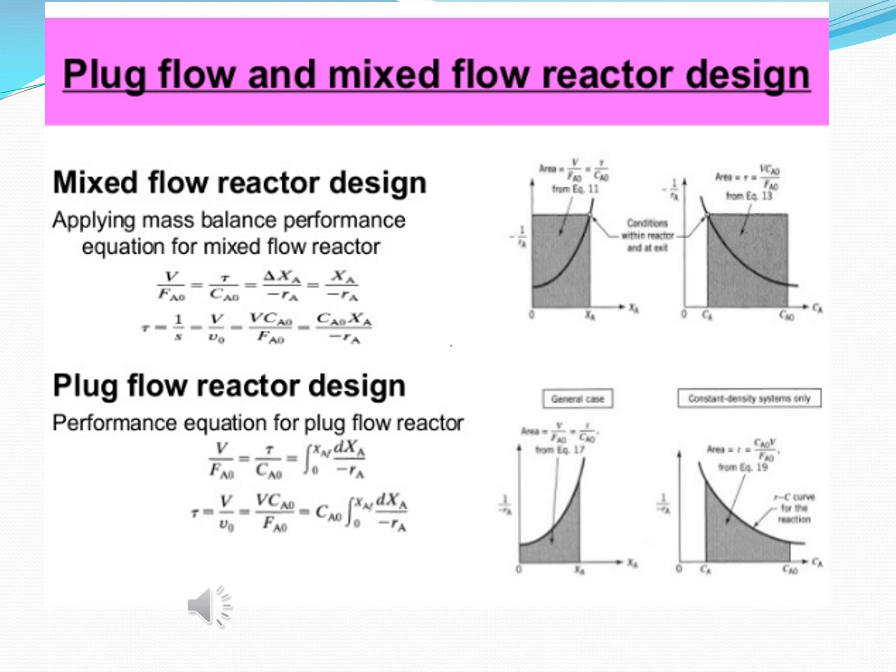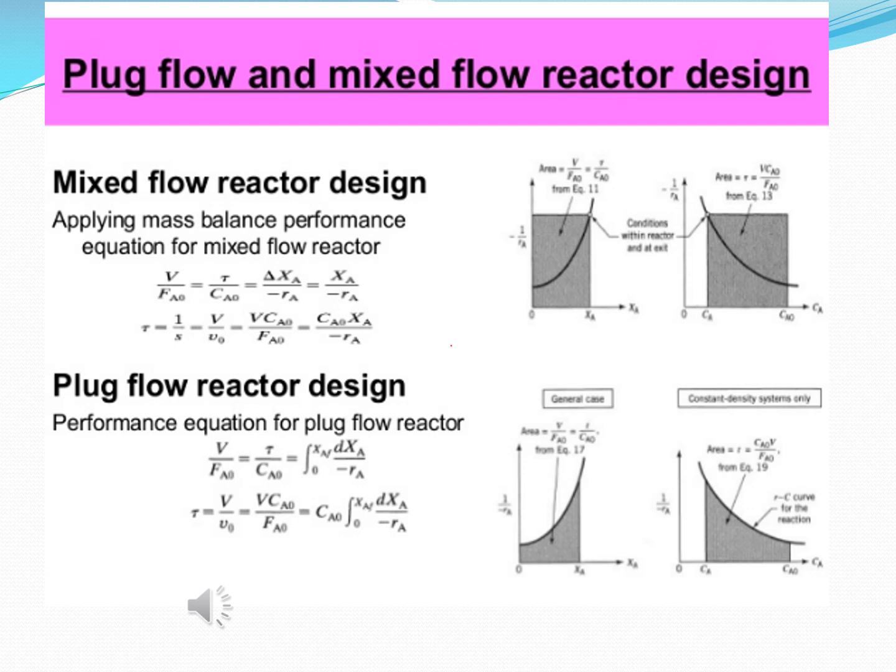The difference in the graphical method is that for the mixed flow reactor we have the area above and below the line, the curve, and for the plug flow reactor we just have to calculate the area below the curve. This shows that for the same conversion the mixed flow reactor needs a higher amount of area, and that ultimately corresponds to the volume.